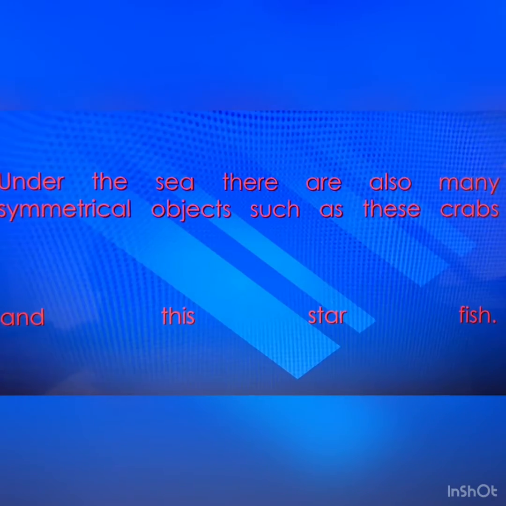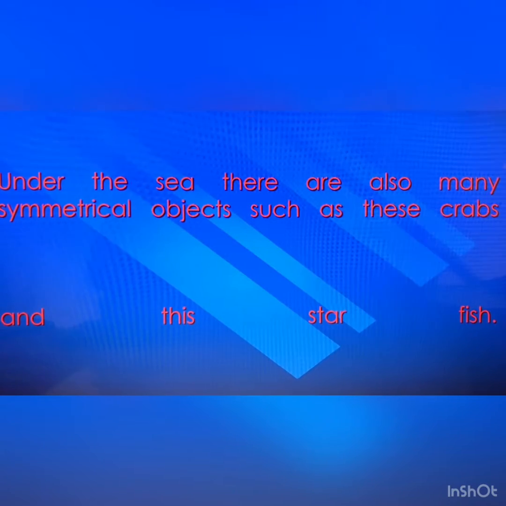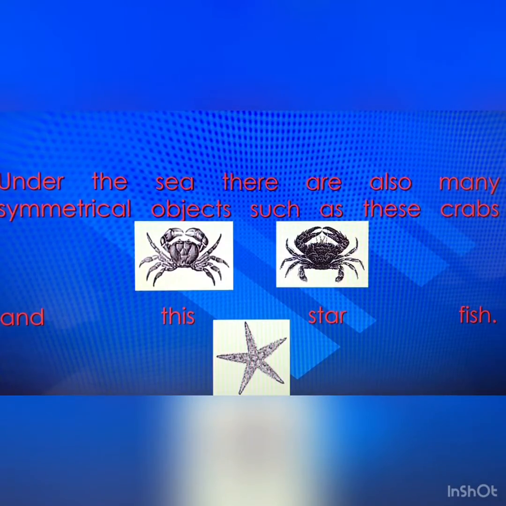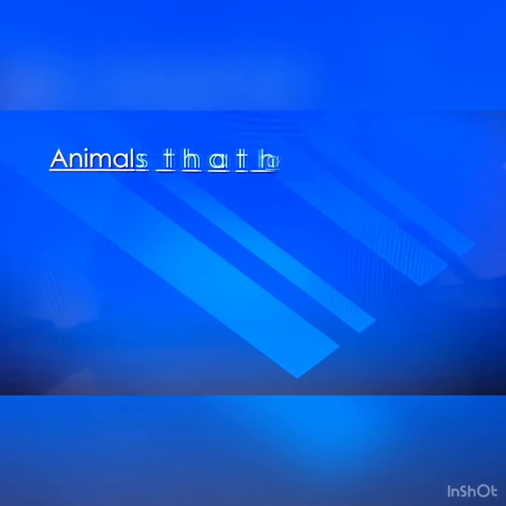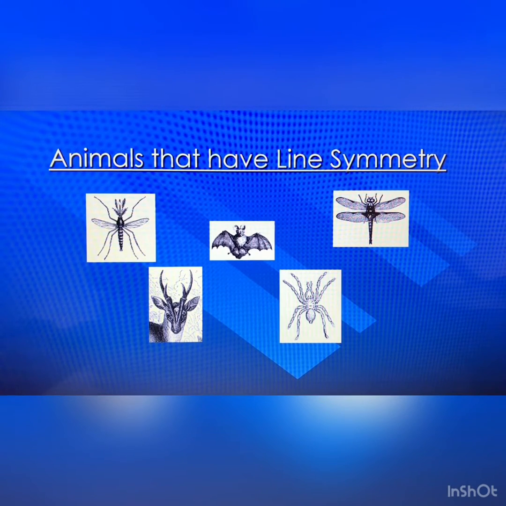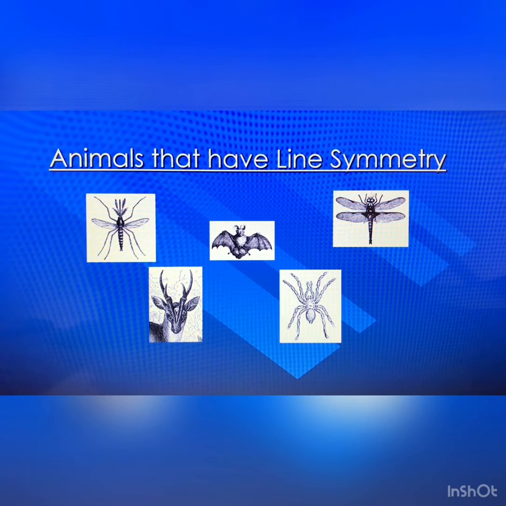Under the sea there are also many symmetrical objects such as these crabs and this starfish. You can see here, these are also symmetrical insects. Animals that have a line of symmetry, you can see here, all are having a line of symmetry from here, and this is also from just the middle, and this you can draw here, so this is a line of symmetry for this insect, and for this you can draw a vertical line of symmetry, and for this insect you can draw just a middle vertical line, that is a line of symmetry.